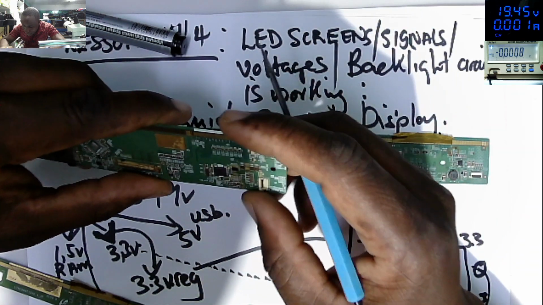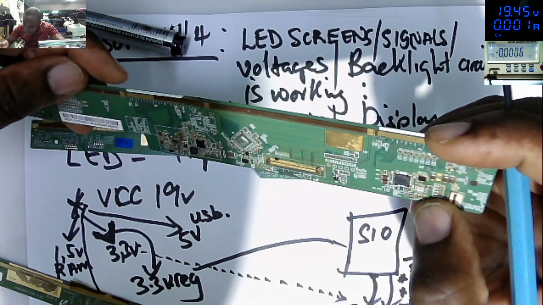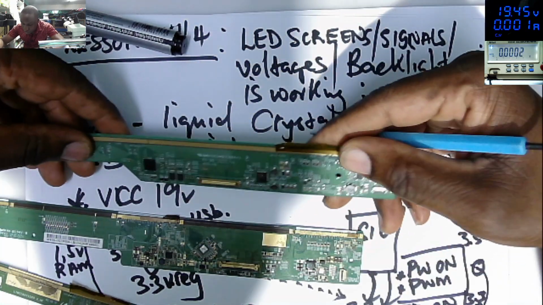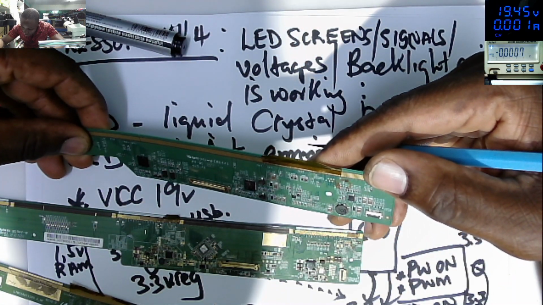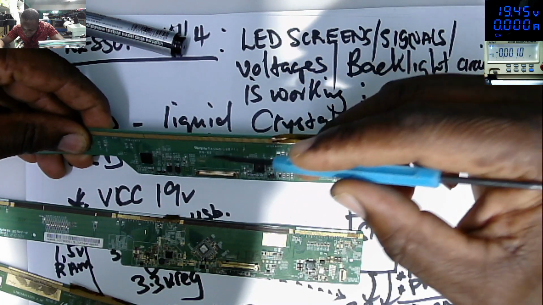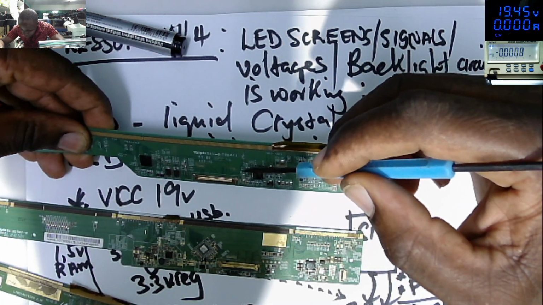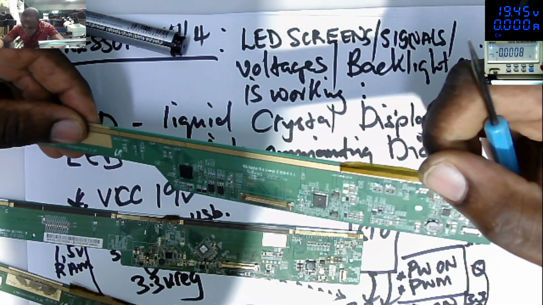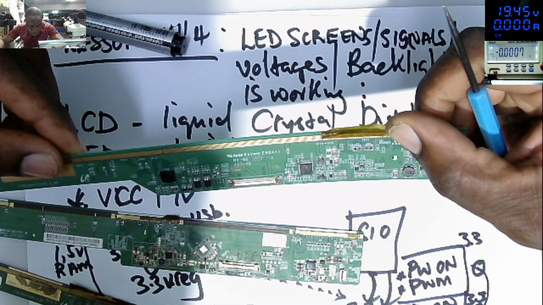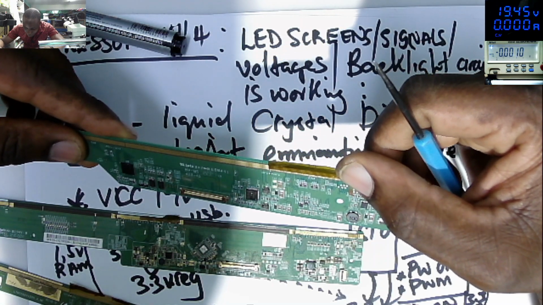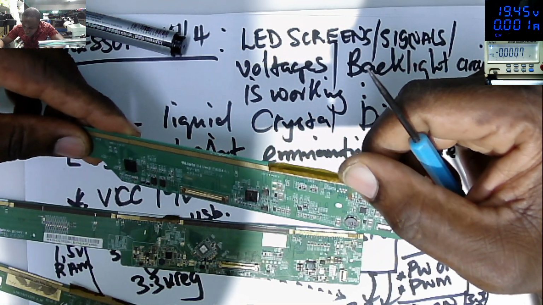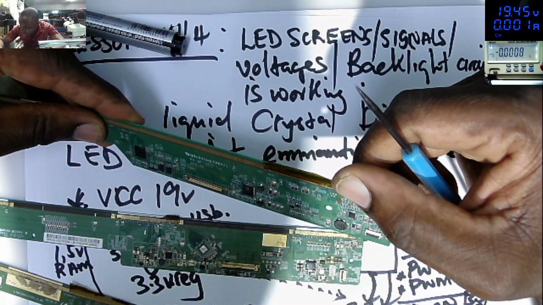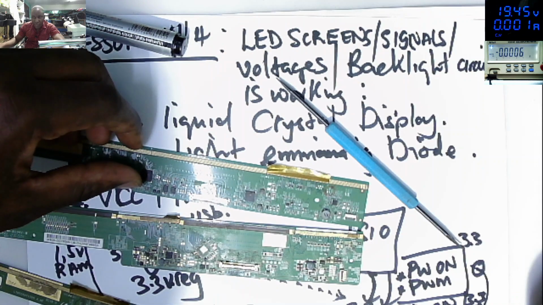They are together. Okay. What about here? We have this brown fuse, another brown fuse here. The one is for 3.3, the one is for 19 volts. And our test points.